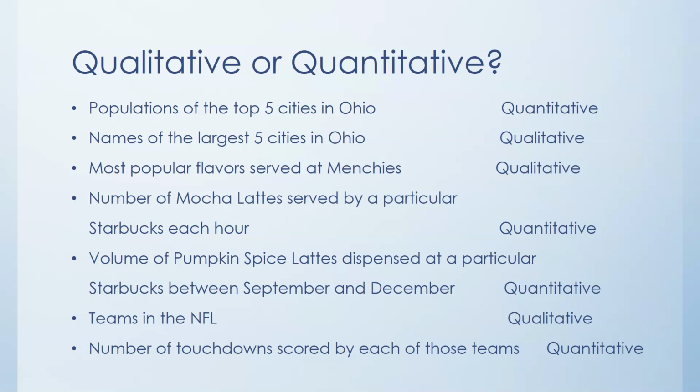If we were to ask people their favorite pizza toppings, that would be qualitative data. Any question that's for an adjective or a label, okay? If it's not a number, it's definitely qualitative data. Okay, let's move on.